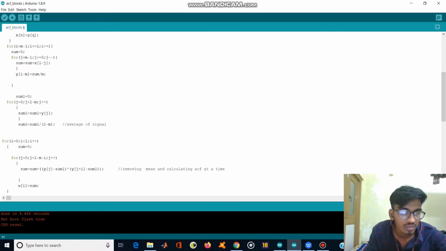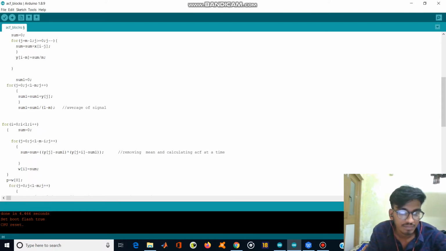Okay, this is the code for the average of the signal. We will do the mean, the average of this moving average signal. After that, this is for removing the mean and calculating autocorrelation at a time.